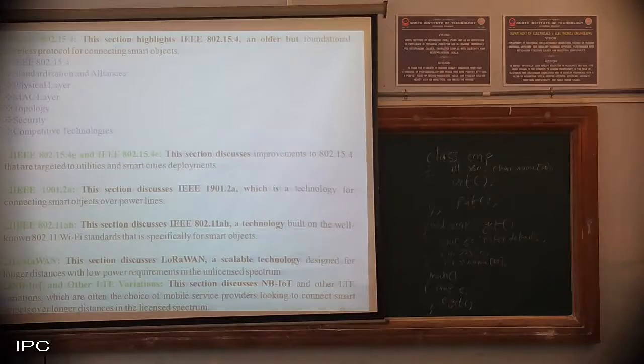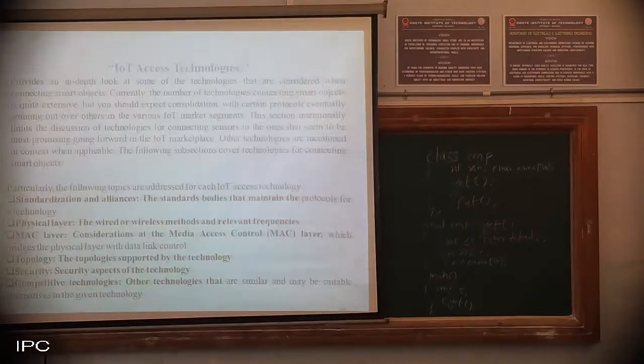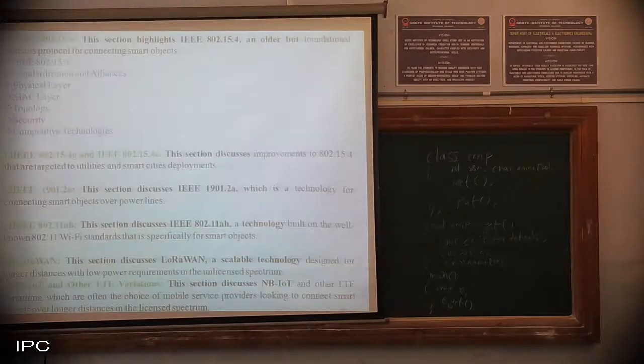These are the different wireless technologies: LoRaWAN, NB-IoT. For each of these IoT access technologies, how much standardization and alliance there is, the physical layer, the MAC layer, topology, security, and competitiveness of the technology. Everything is to be discussed for all these different wireless technologies.